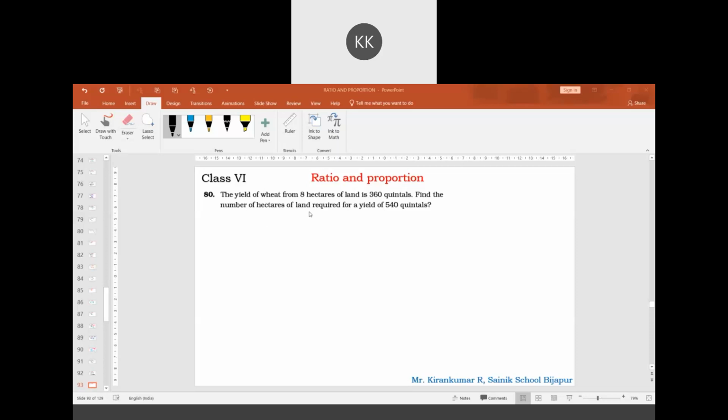Here I can do it in a reverse way. They have given 360 quintals for 8 hectares. So I can find out the land required for a yield of 1 quintal of wheat.